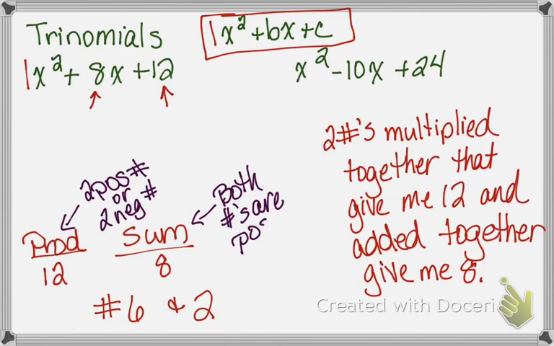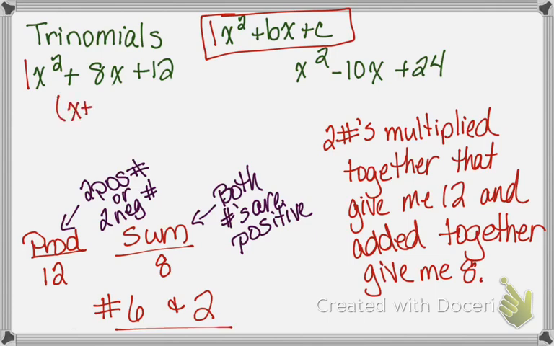These are little tricks that you want to pay attention to as we go through this. Now, I've got my numbers as 6 and 2, so I'm basically done, and this is because I've got a 1 in front of this. If I didn't have a 1 in front of this, I would have to have more steps. But because I have a 1 in front of that x squared, once I've got my numbers, I'm done.